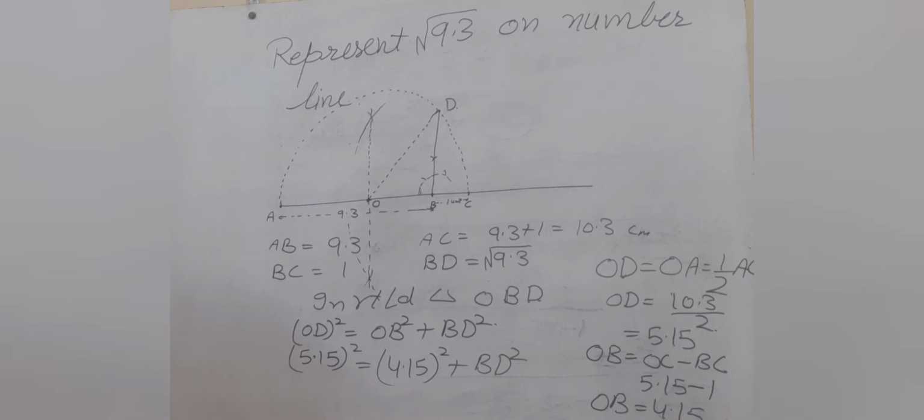Now calculating, we have 5.15 square minus 4.15 square is equal to BD square.